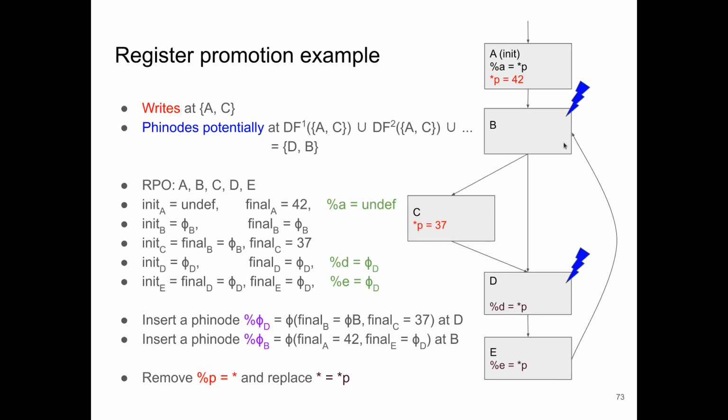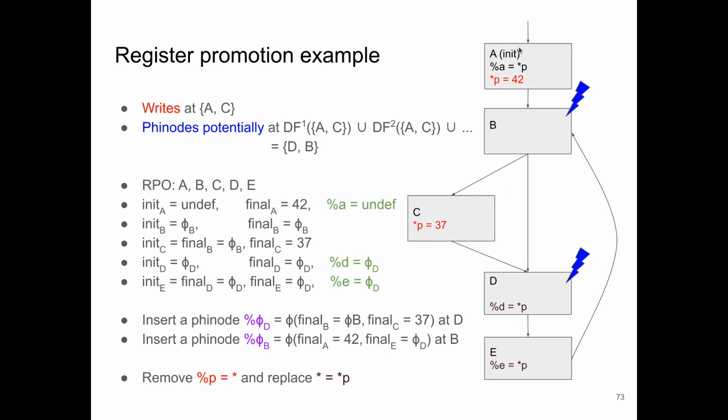And we are going to traverse all the blocks in the reverse post order. In this example, the reverse post order is A, B, C, D, E. This is basically the natural order from the graph here. And we are going to traverse all the blocks like this.